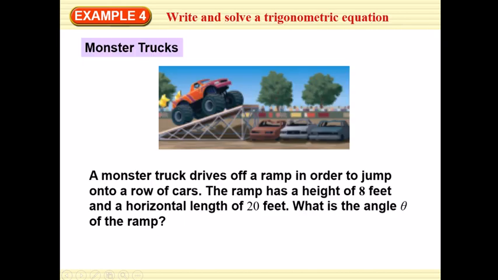Alright, monster trucks. So a monster truck drives off a ramp. A ramp is a very stereotypical triangle that we can use for trig, any type of ramp. The ramp has a height of 8, so here is my height of 8, and a horizontal length of 20 feet, so I want to find angle theta.